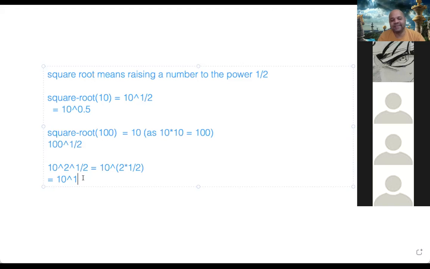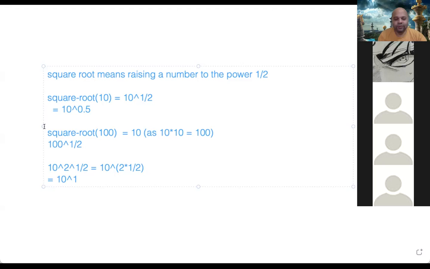The square root of any number is some other number which multiplied by itself gives you the original number, right? Now that can also be expressed as 10 raised to whatever that number is, raised to half.